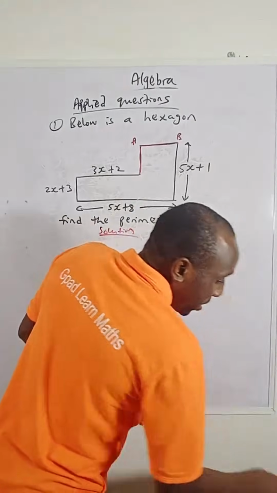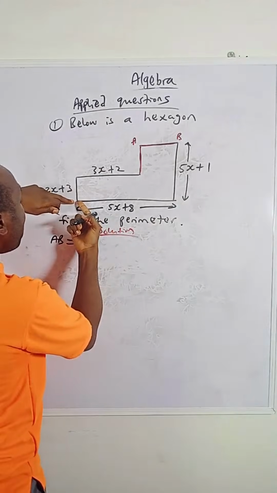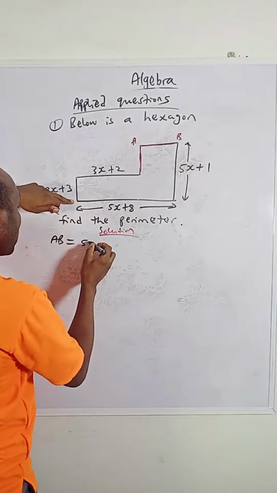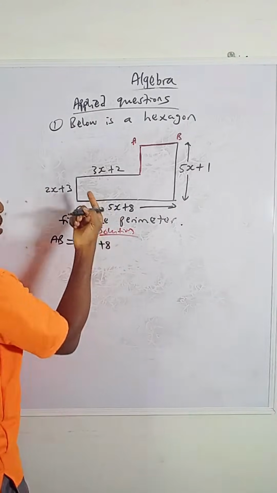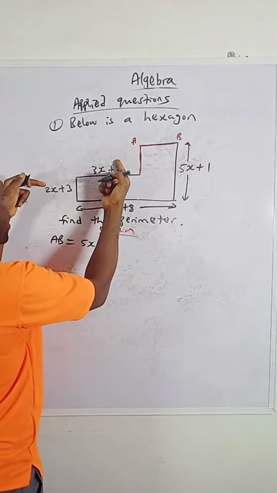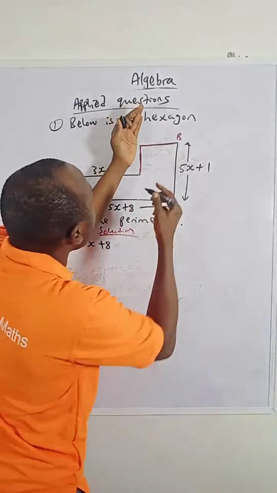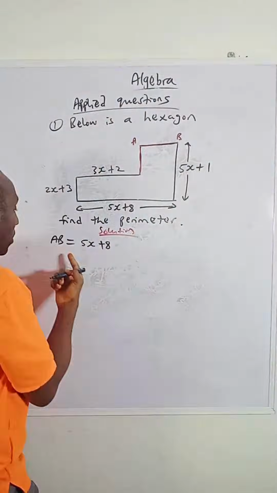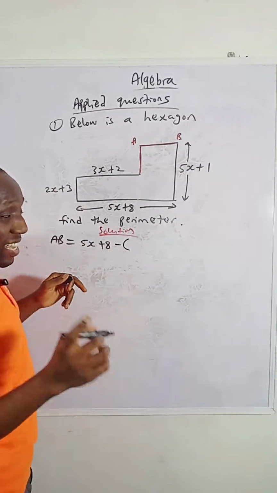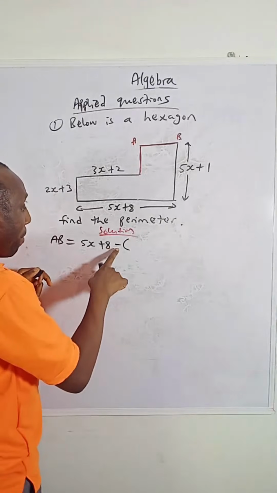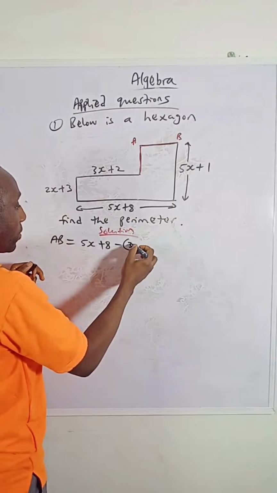So AB will be equal to the complete base, which is 5x plus 8, minus this one. If you subtract 3x plus 2 from 5x plus 8, what you have left will be from here to here. So you have to put minus, but enclose this in a bracket. Very important, because minus should be applied to 3x and plus 2.